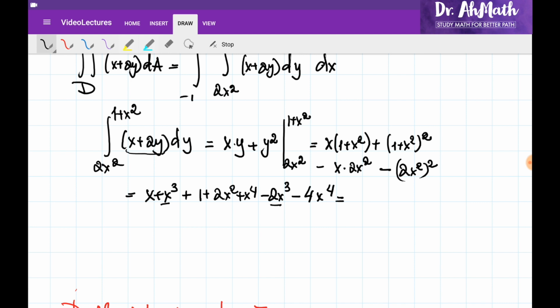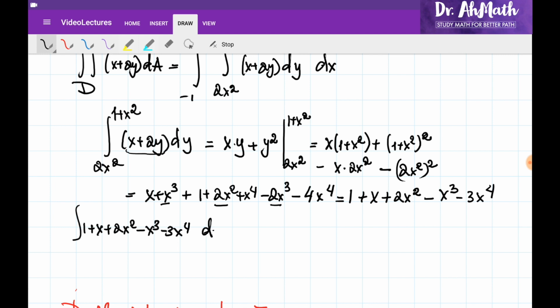And I can write this in the form 1 plus x plus 3x squared, because I have 2x squared plus x squared, minus x cubed minus 3x in the power of 4. So this is all which I have. And I need to integrate this function, 1 plus x plus 3x squared minus x cubed minus 3x in the power of 4, with respect to x, where x changes between minus 1 and 1.